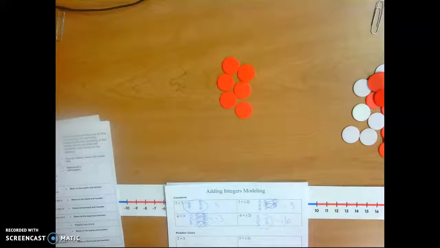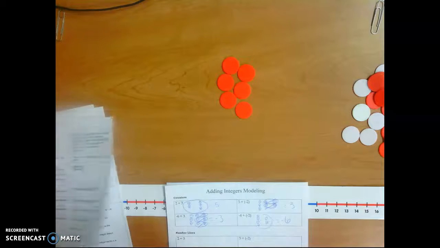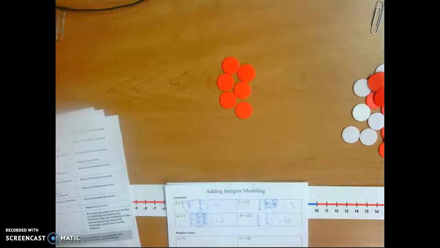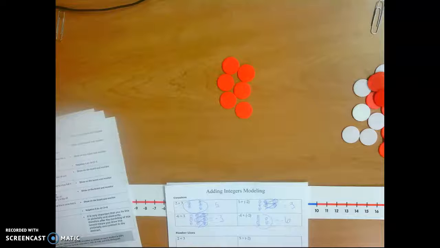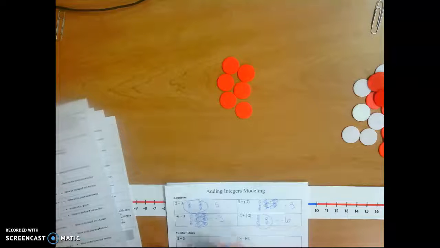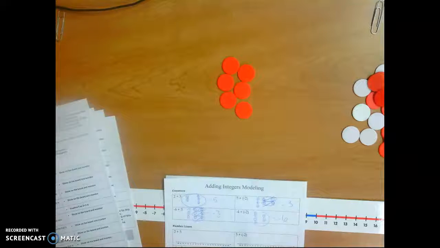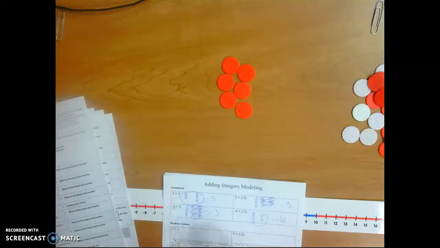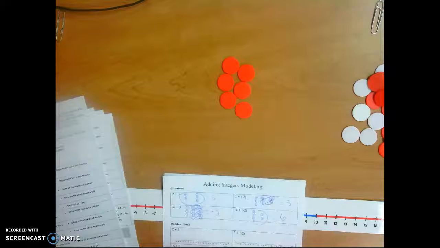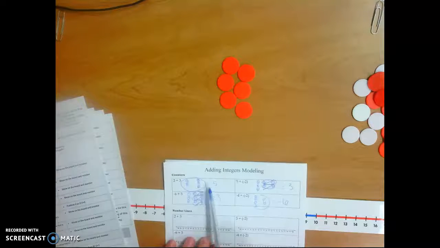Okay, you can start now passing out the number lines. Something great to do here is start talking about patterns. What do we notice? What do we wonder? We notice whenever there are the same sign, you are adding the two together and you keep the sign.